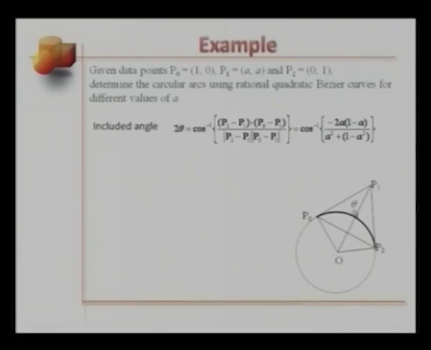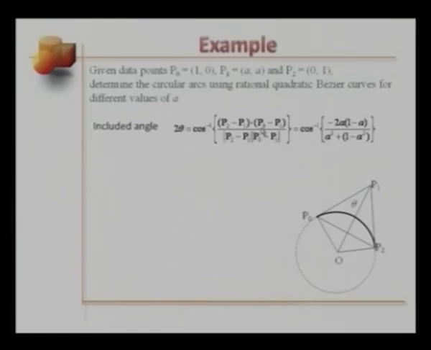Since these two triangles are congruent, this angle is the same as this angle. So 2 theta is the inverse cosine of the dot product of these two vectors, which is P2 minus P1 dotted with P0 minus P1 over the absolute values of these two vectors.